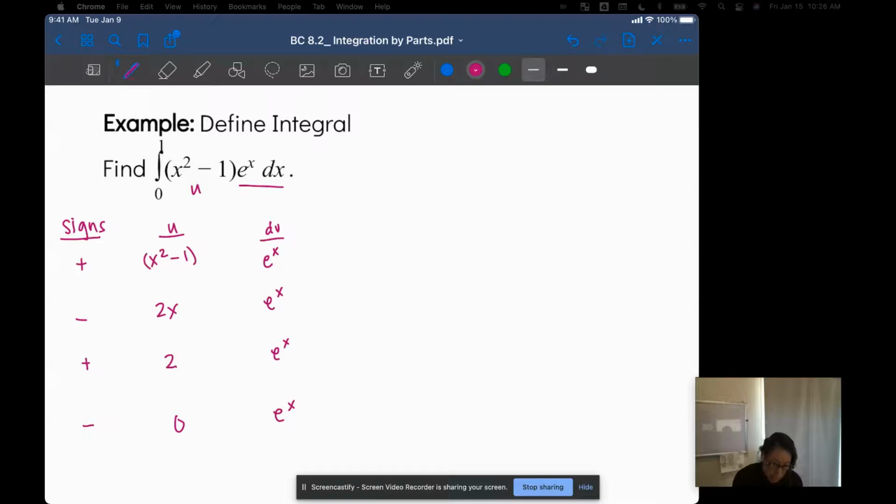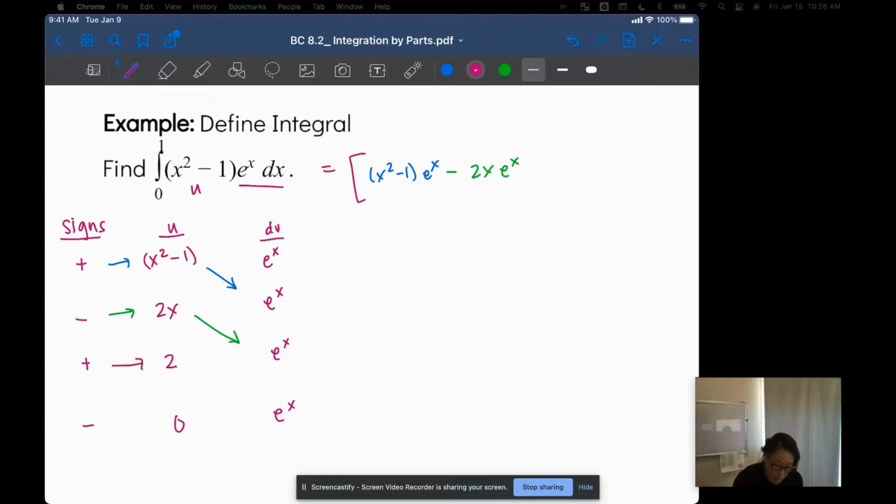Okay, and now I can set this up using my chart. So I have x squared minus 1 times e to the x, and then the next term would be minus 2x times e to the x.